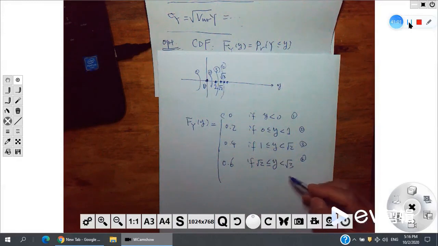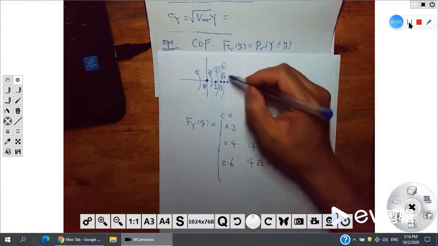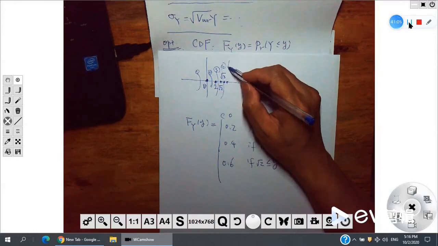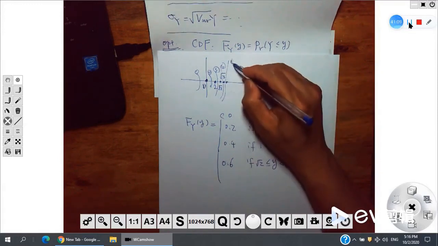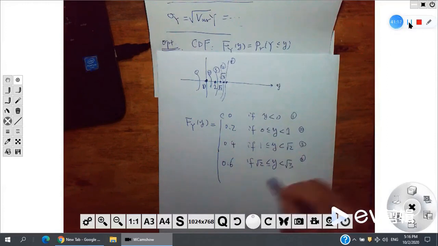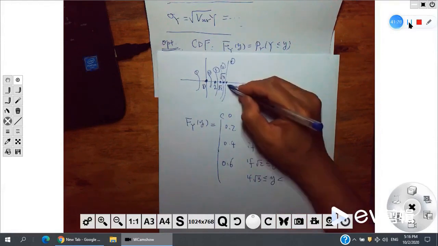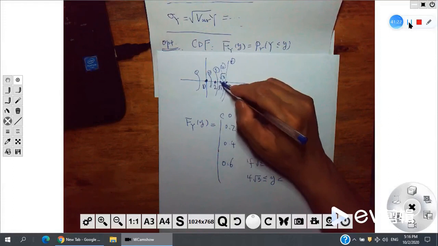All right. Here's 0.6, and then this one here is the fifth case. If square root of 3 is smaller than or equal to y, and y is less than what is this value? 0, 1, square root of 2, square root of 3.